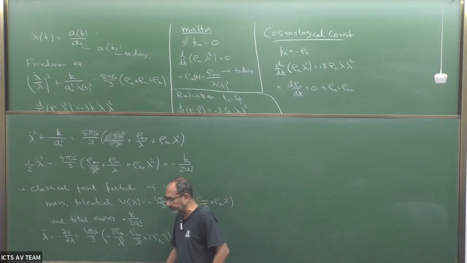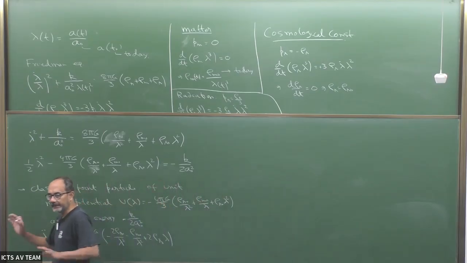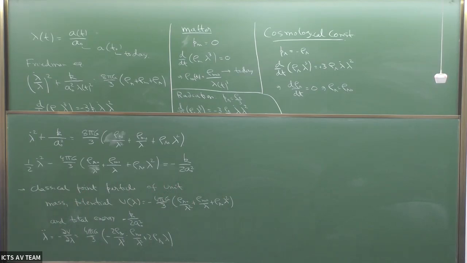And in fact, you can also check that any other equation of state for which P, the pressure, is positive cannot do it. Imagine that it didn't work, so you say, okay, there may be another component of matter which you don't know, which has a different equation of state, P is some complicated function of rho. What you can show is that as long as P is positive, you'll always decelerate.